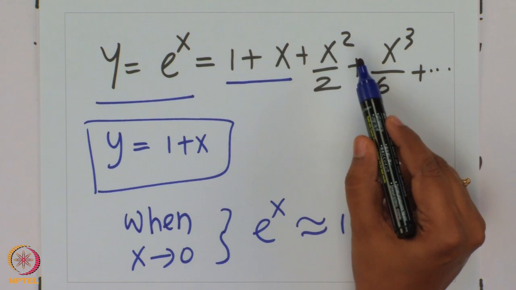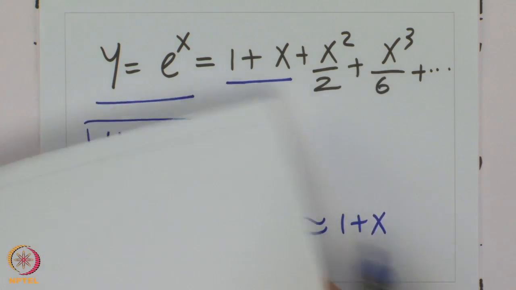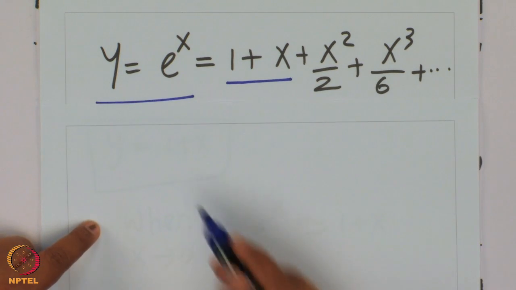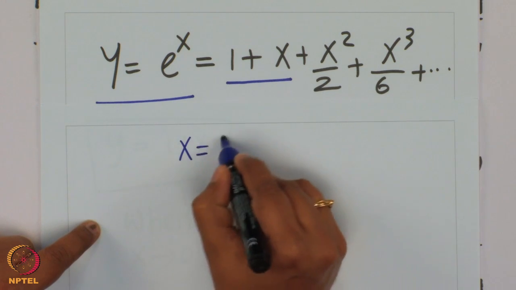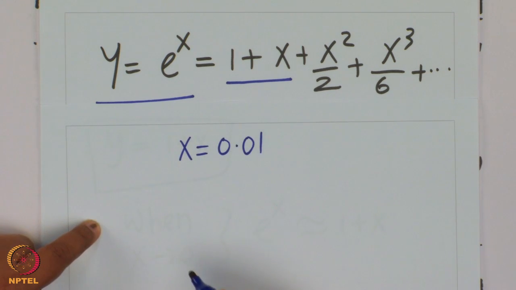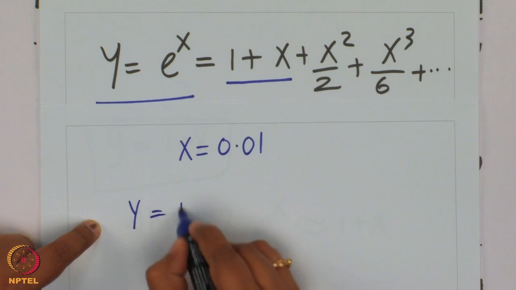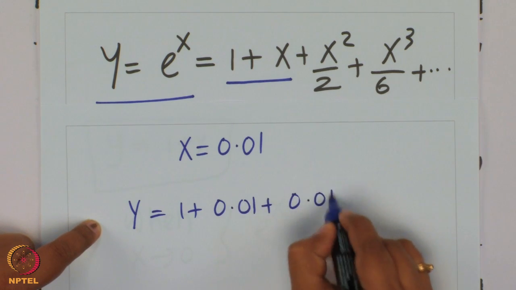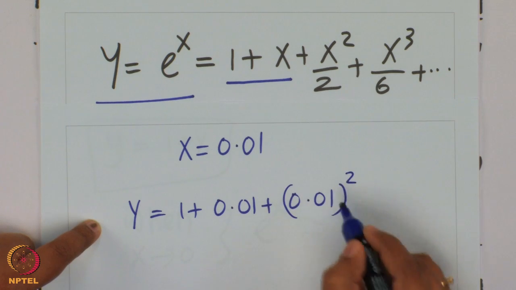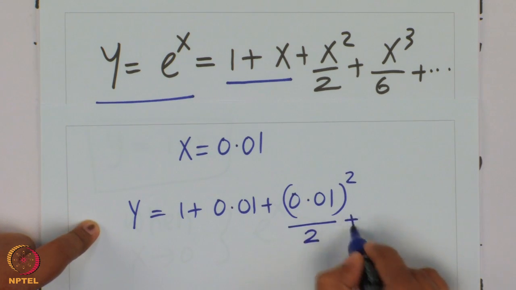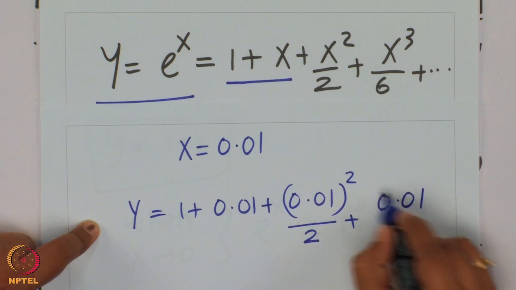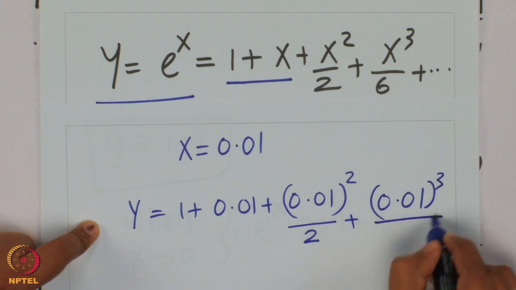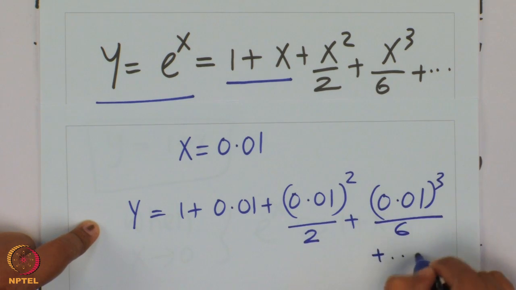So if you take x is equal to 0.01, y is 1 plus 0.01 plus 0.01 square, which is a very small number, divided by 2, plus 0.01 whole cubed divided by 6 and so on and so forth.